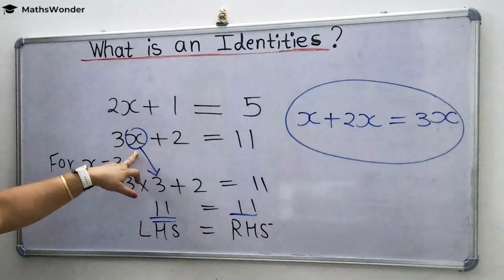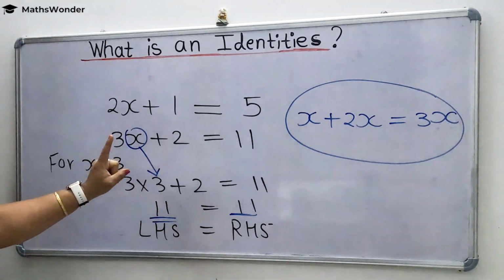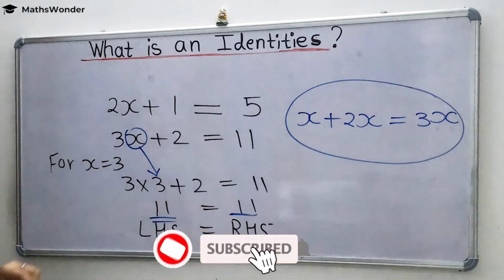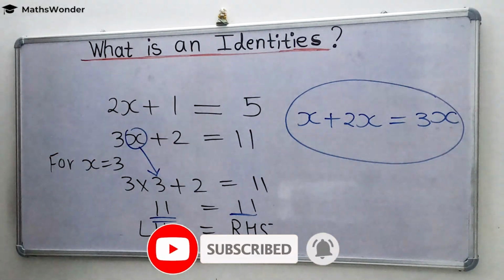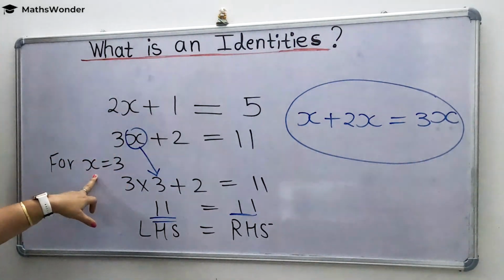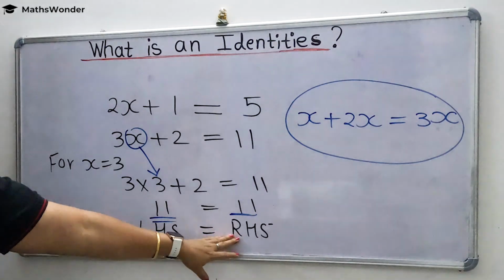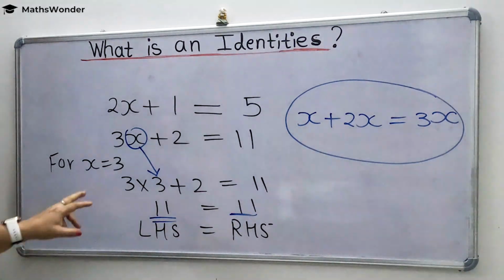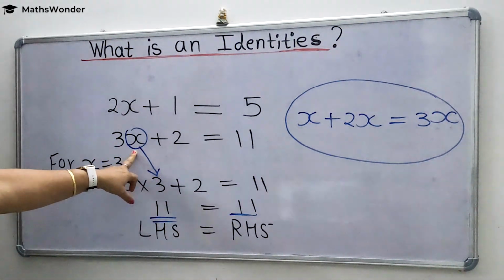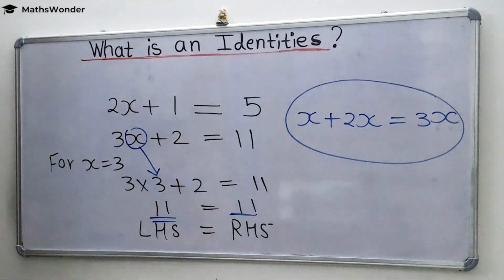But in this case, look at the board, don't write, okay? I will give you the time for writing. Try to understand the concept first, then write. So see, here if I take x is equal to 3, then your LHS is equal to RHS. If I substitute x is equal to 2, you will not get the same value.